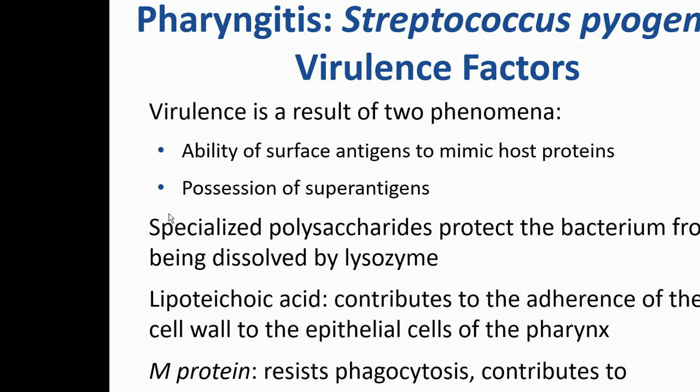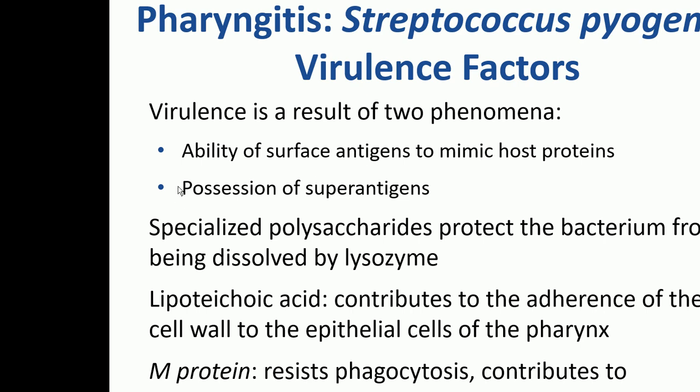Now, why is this bacteria so virulent? Because it has some virulence factors. They have surface antigens with the ability to mimic the host proteins, and they also possess some superantigens.